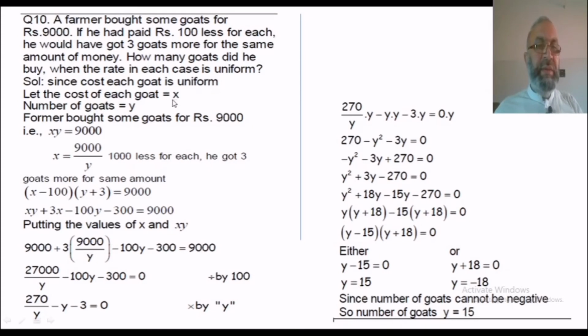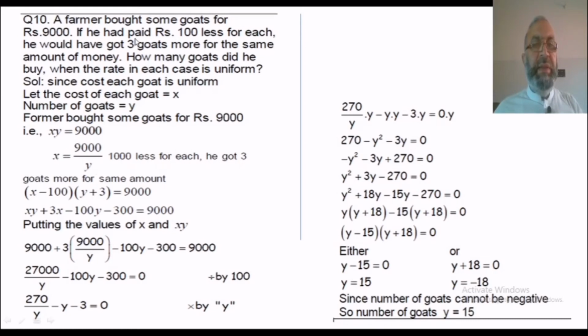So if x is the cost and y the number of goats, then according to the condition, the number of goats multiplied by their cost is equal to 9,000. He bought for rupees 9,000 total. So we get equation 1. From this, dividing both sides by y, x is equal to 9000 by y.